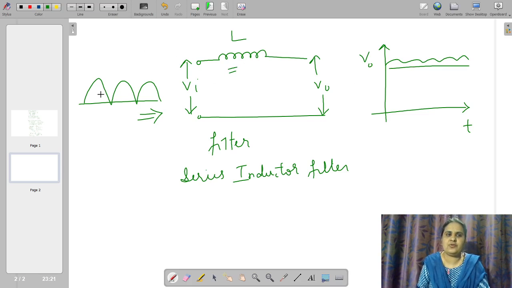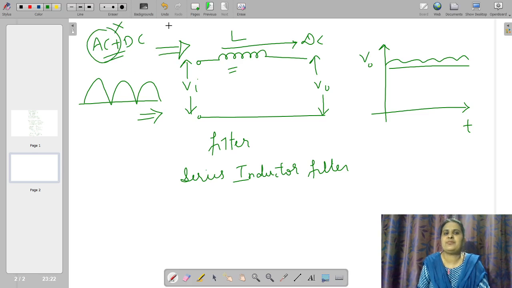We all know what a rectifier is. It converts bidirectional voltage or current to unidirectional voltage or current, which may have an unwanted AC component as the ripples. Therefore, I can write the rectifier output as consisting of AC components and DC components. If this is applied to the inductor, it allows the DC and blocks the AC.